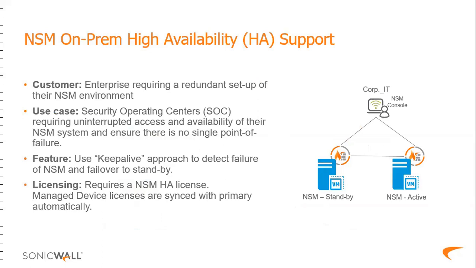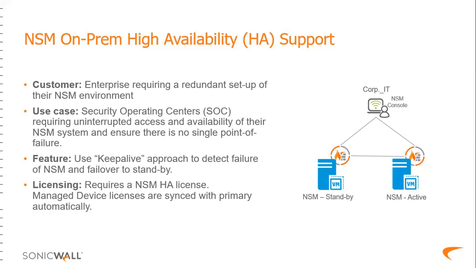NSM on-prem HA support, because some companies require redundancy. They don't want their network to be down, so they can have this so-called HA support. NSM provides you the HA support.